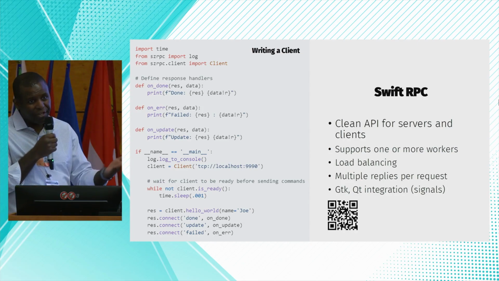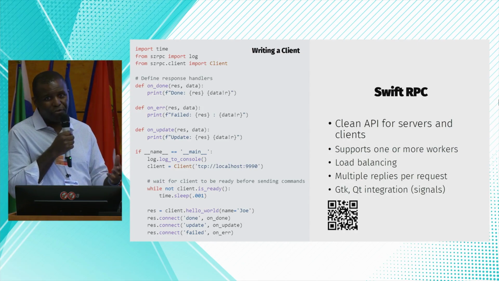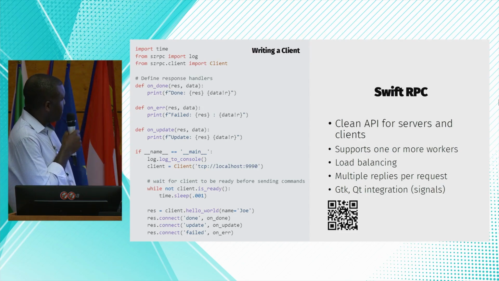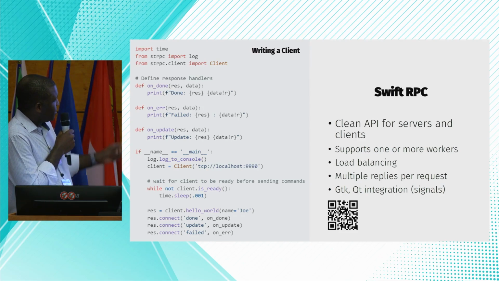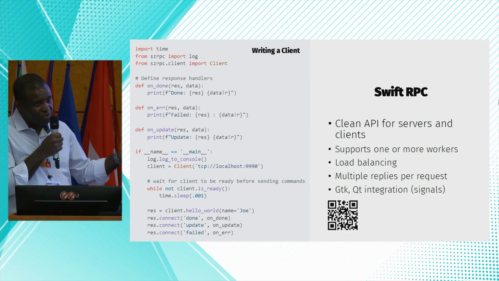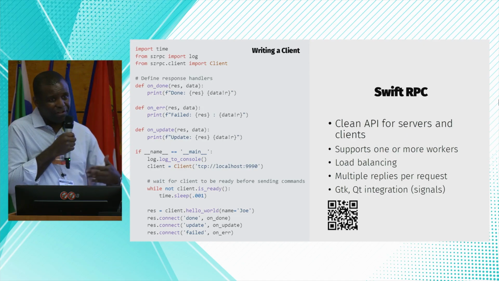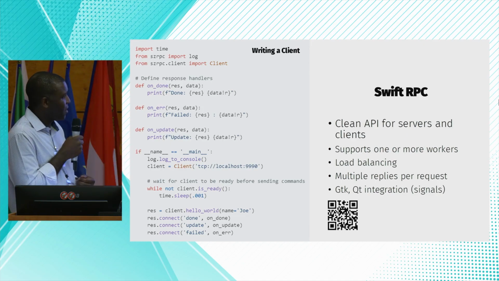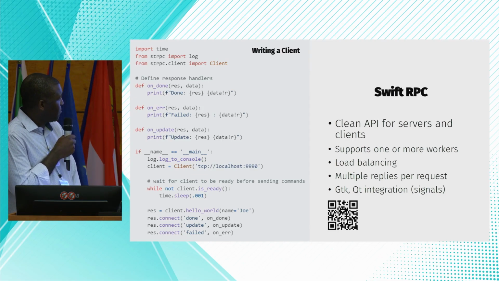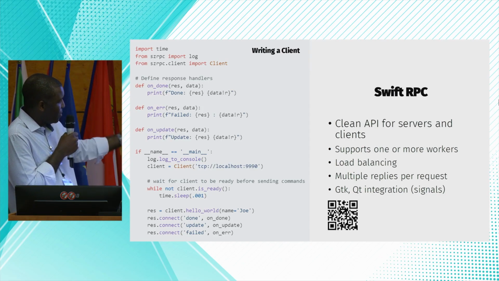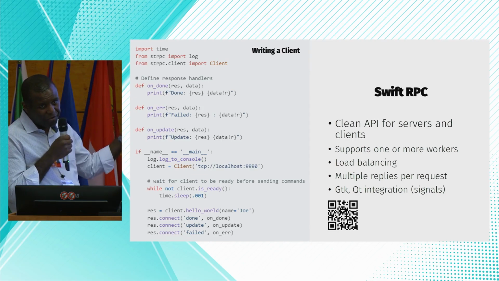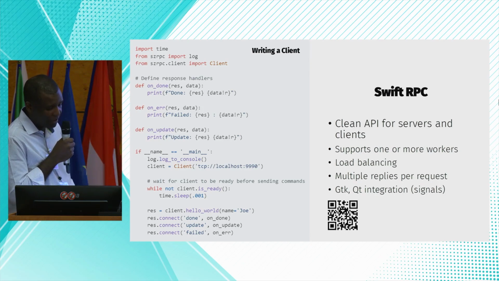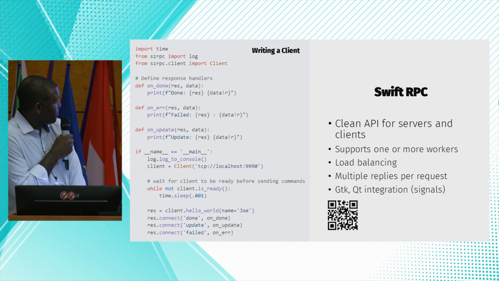Or if you want to restrict available remote methods, then you can specify them manually. You connect signals on the client to various activities, like when the work is done, or when there's an update for multiple replies, or an error. And you attach callbacks to those, and those will be executed when the data arrives.